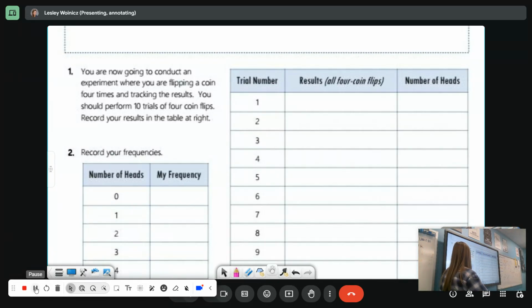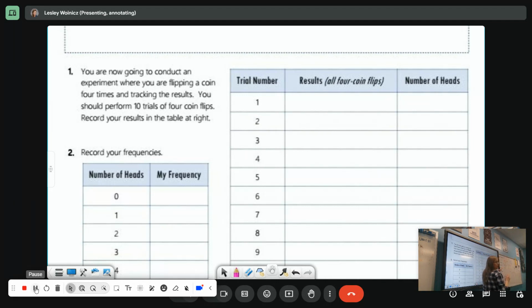So, you are going to conduct an experiment where you are flipping a coin 4 times and you are tracking the results. You are going to perform 10 trials of 4 coin flips. So you're going to put H, T, T, H, whatever you get. Each of these should have 4 flips.